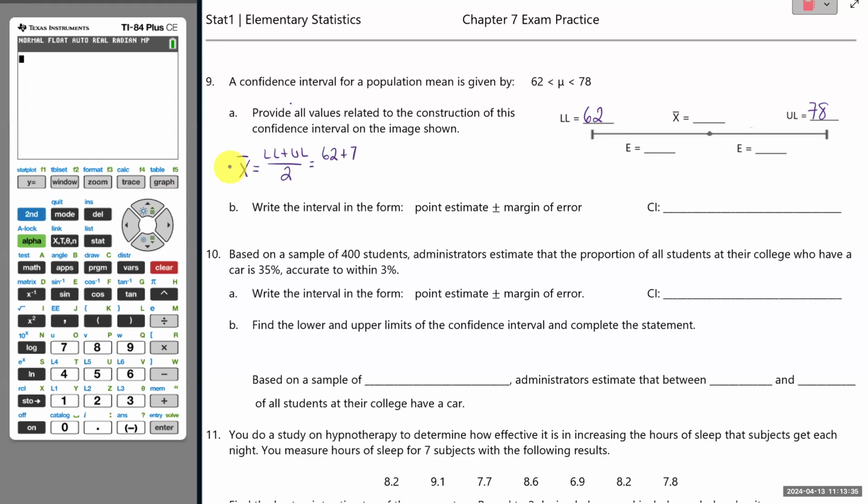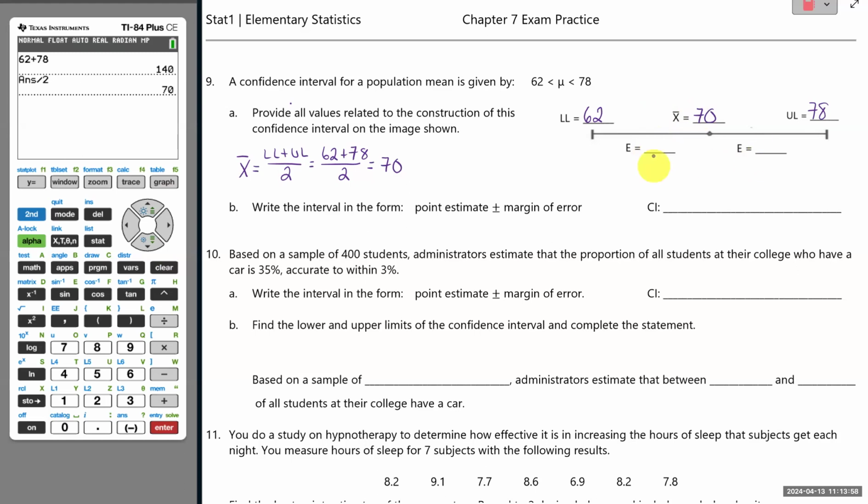So we'll take 62 plus 78, and divide that sum by 2. So 62 plus 78 gives me 140, and then divide that by 2, and that is 70. So now I know the center of the confidence interval, the sample mean, is 70.